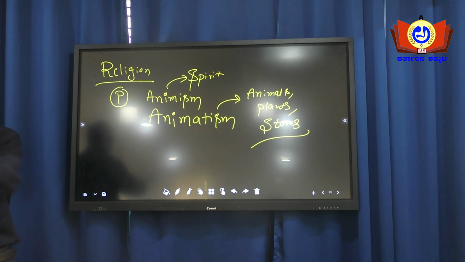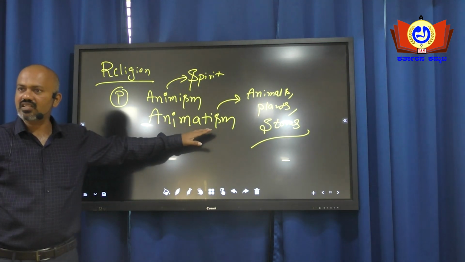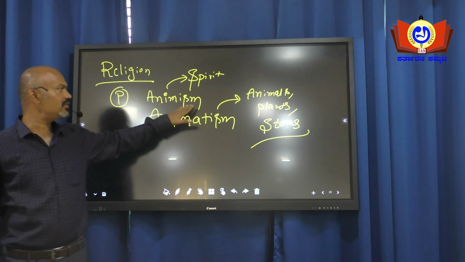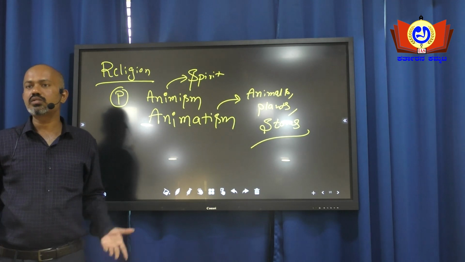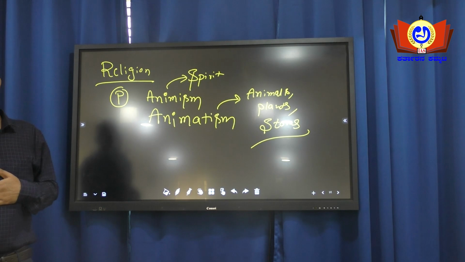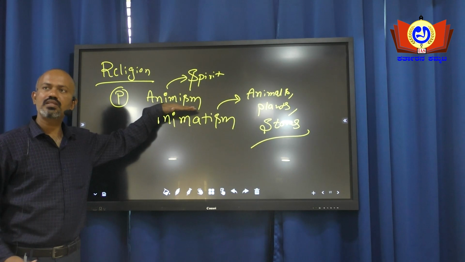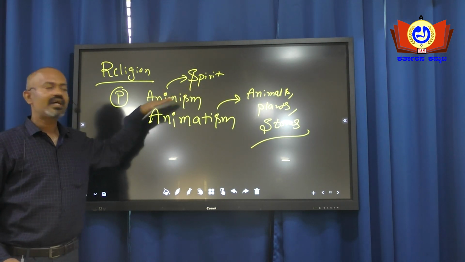They will worship animals also, like the tortoise. This kind of belief in worship is known as animatism. Animism is worship of spirit, souls, atma. You might have seen that whenever a person dies, something feels like going out of that person. That is what is known as soul. We will discuss in detail in class. Just know that worship of spirit or soul is known as animism.